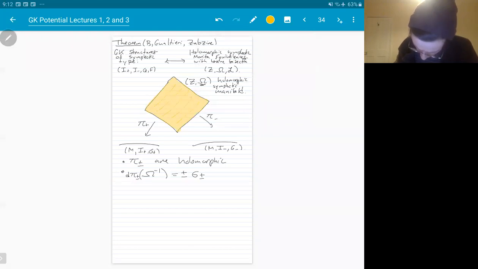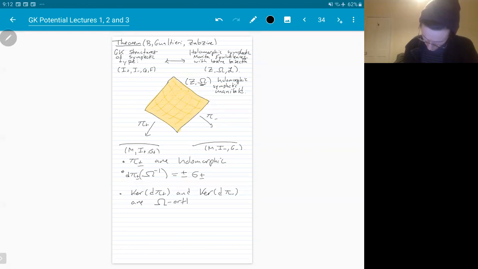And we can draw the fibers of the maps. These have the property that they're orthogonal when you pair them with the symplectic form. So the kernel of d pi plus and the kernel of d pi minus are orthogonal with respect to this pairing. Okay, so that's the Morita equivalence.